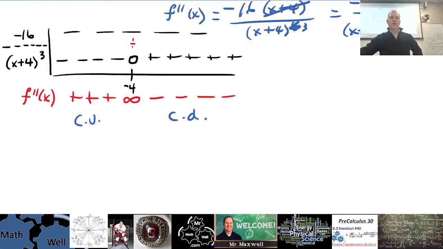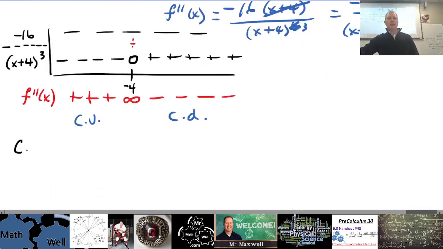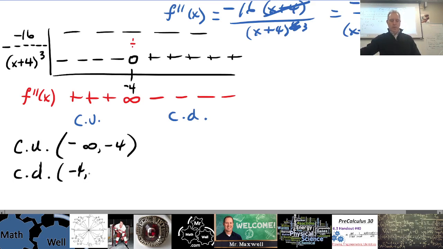But concavity, so you can abbreviate concave up. Okay, I'll know what CU means. Concave up from negative infinity to -4. Round brackets everywhere. Concave down from -4 to positive infinity.